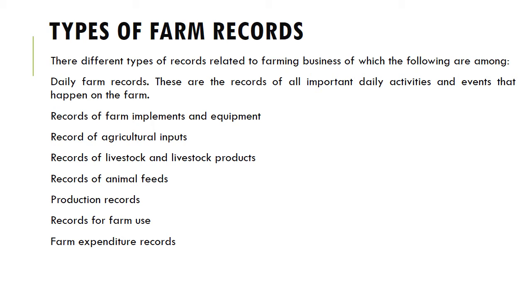Basically, we explained in our last session that accounting information is broadly classified into four groups. And we talked about income, expenditure, asset and liability. So if you look at all these records that are being mentioned here, they basically fall into one of these categories, like the farm implements, equipment, agricultural inputs, livestock and livestock products.